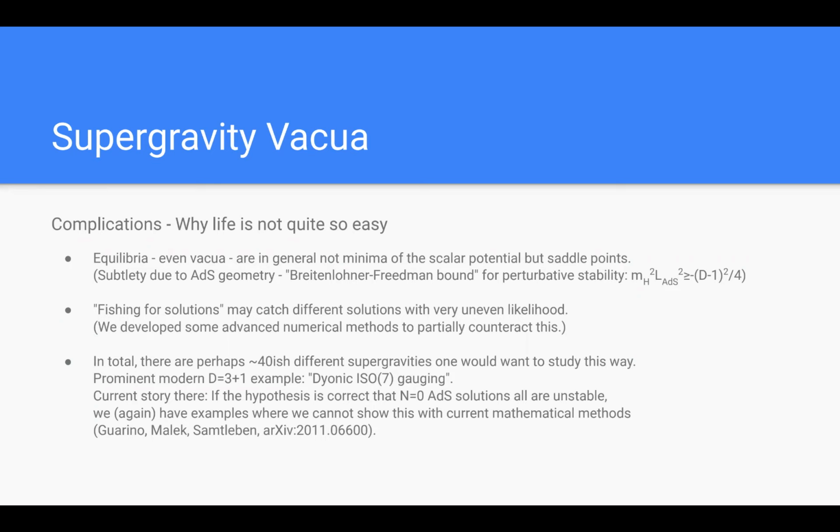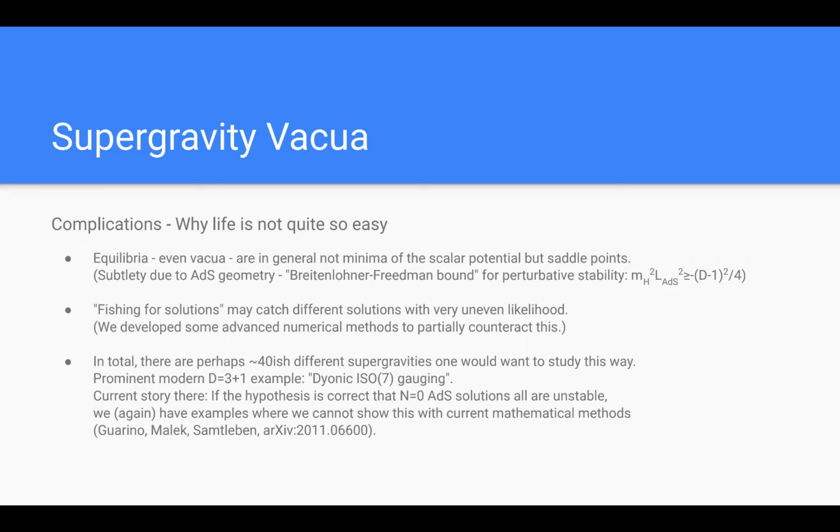Normally, you would say that a stable solution would have to be an energy minimum, but due to the negative cosmological constant, that is ADS geometry, it's a bit more involved. And looking at the Hessian of the scalar potential written in such a way that we have proper normalization of the kinetic term.